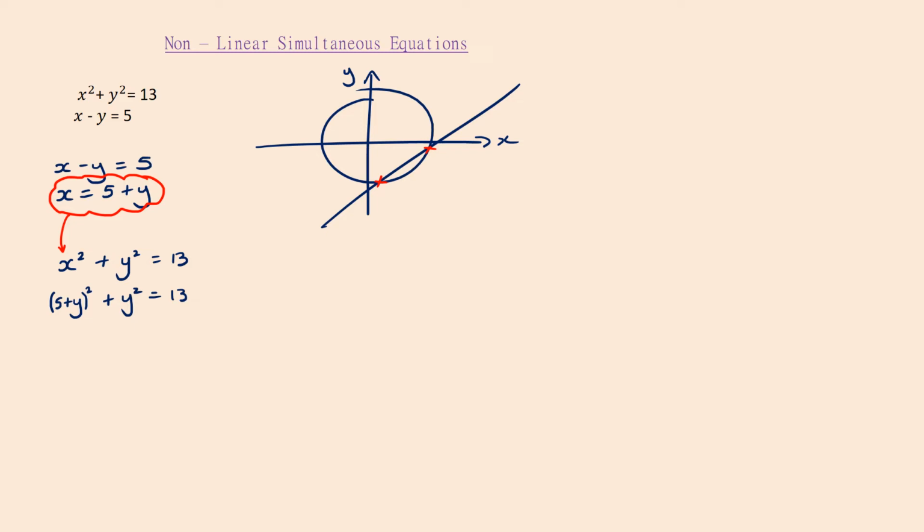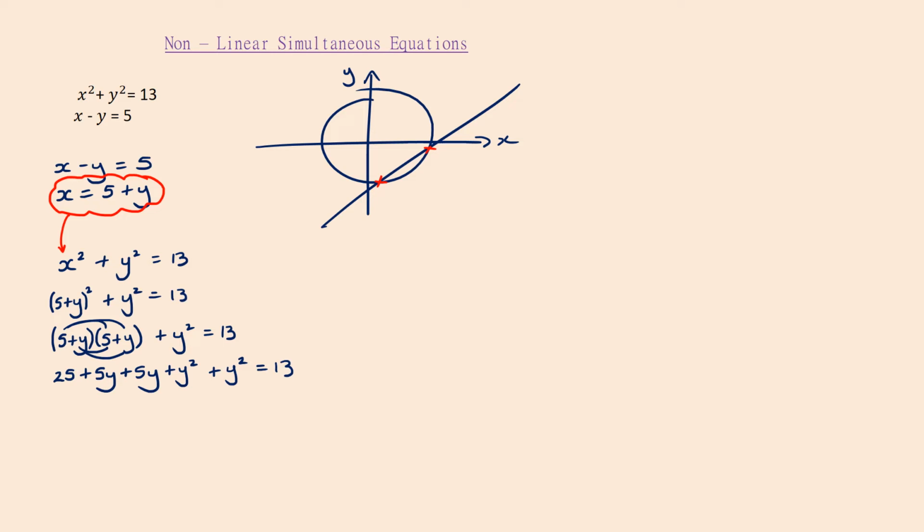So you can see (5 plus y) squared, that's actually a double bracket expansion. So let's expand that, and then we need to do some simplifying. 5 multiplied by 5 is 25, and then 5 multiplied by y is 5y. We're going to get another 5y, we're going to get a y squared, and then of course plus the other y squared equals 13.